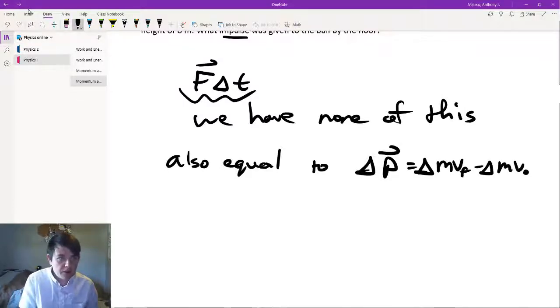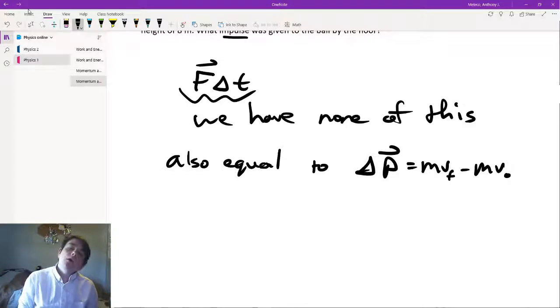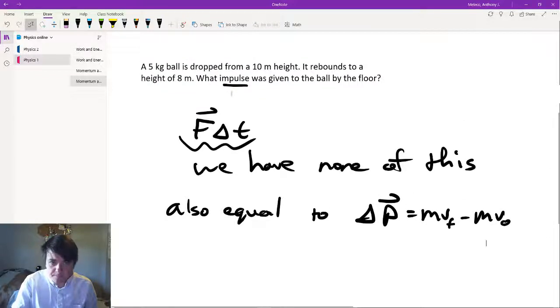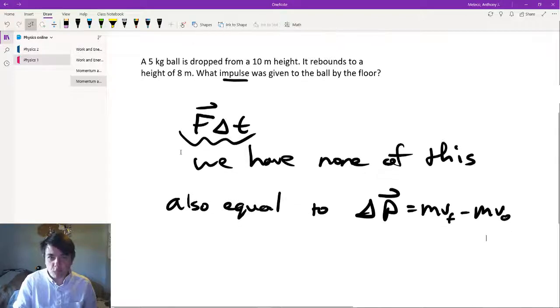It's just the mass of the ball finally, minus the initial, okay? And so if we want to figure out the change in momentum, which is the impulse, we need to figure out the velocity before and after.